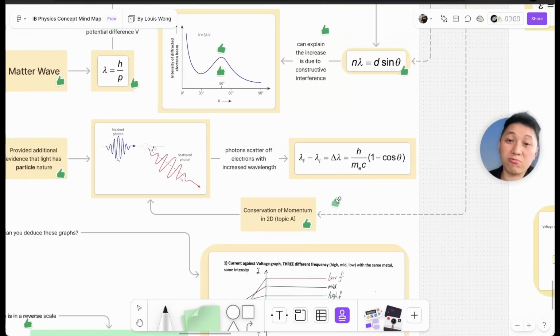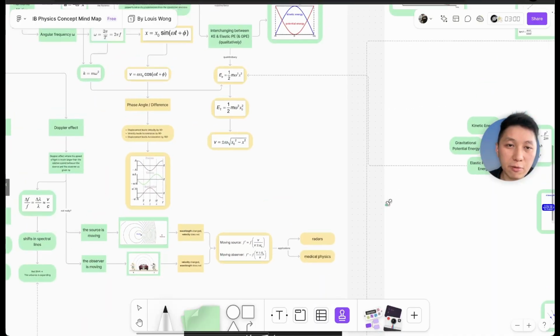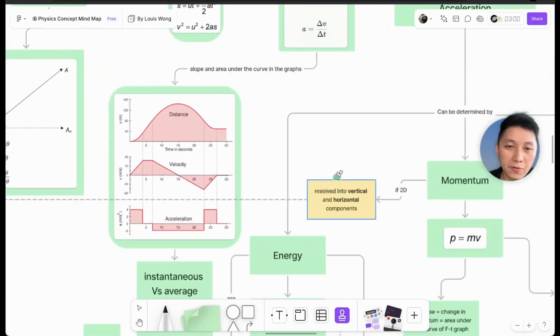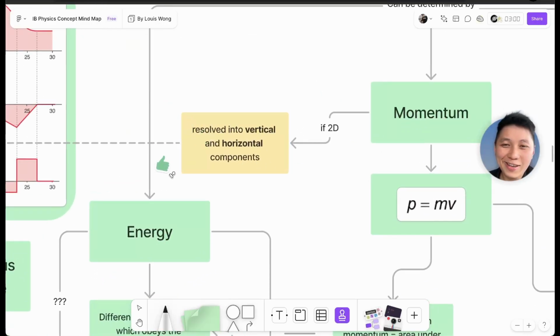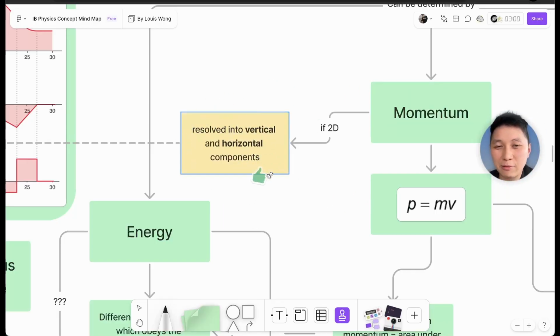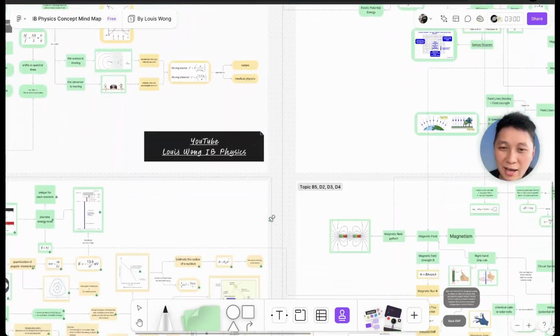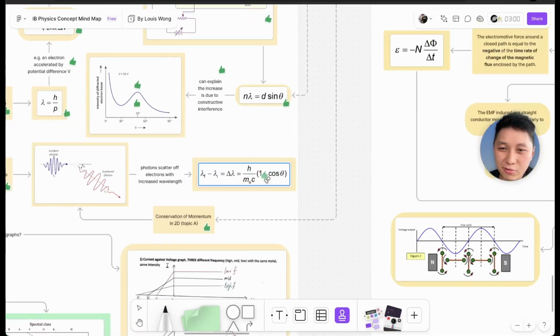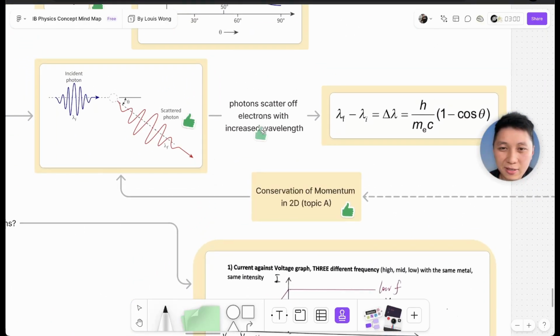I think that is the reason why IB decided, if you remember in topic A, we talked about, very strangely, very hiddenly, is this a word, that you have the momentum learned for everyone as a lecture, but particularly you need to learn about 2D momentum. And I believe this is the reason here. It links to Compton scattering.